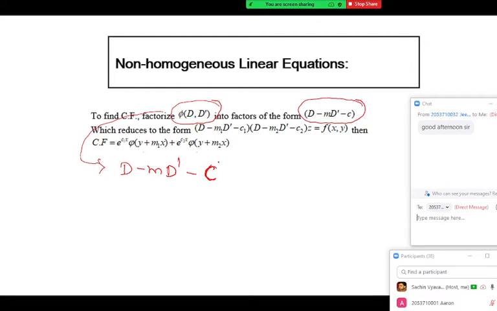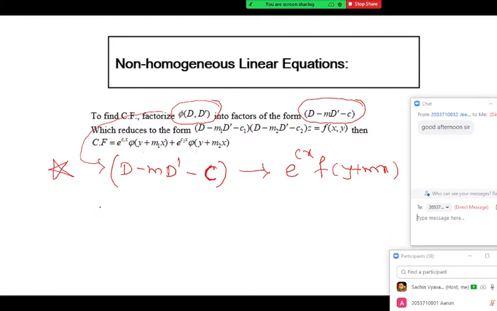Once we get this form, the CF corresponding to this term is e raised to cx, and f of y plus mx. This is the case for writing the CF for a non-homogeneous equation. For homogeneous also, if you use this one, you will get the same answer, because the factors of a homogeneous equation are only in the form of D minus MD dash. This plus c or minus c will never come there.